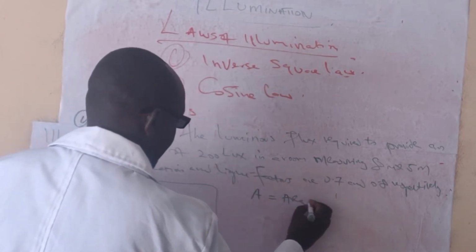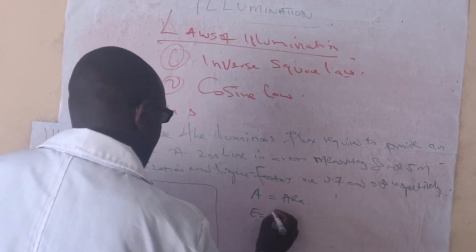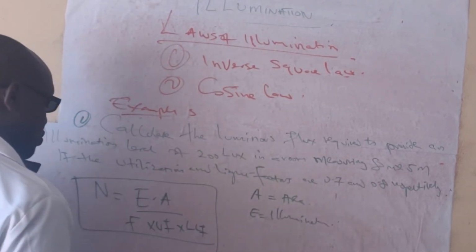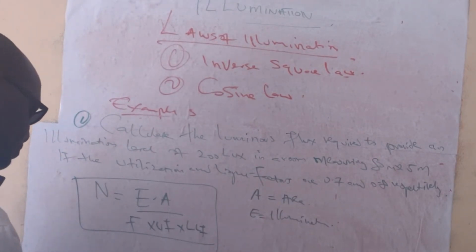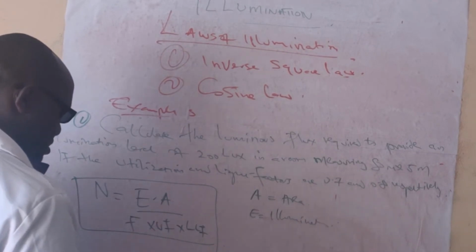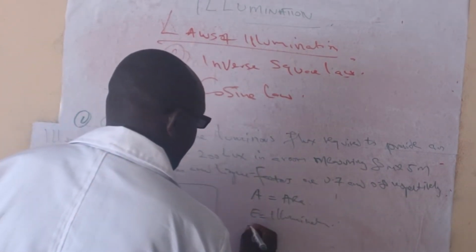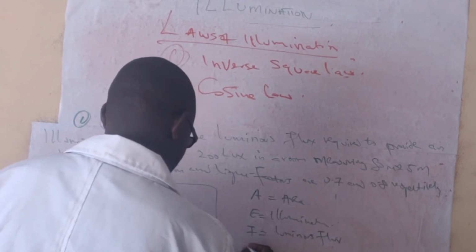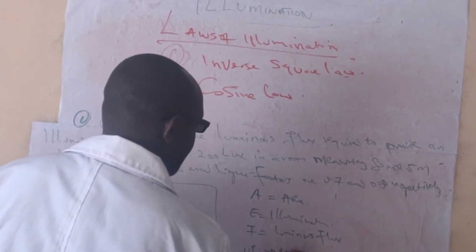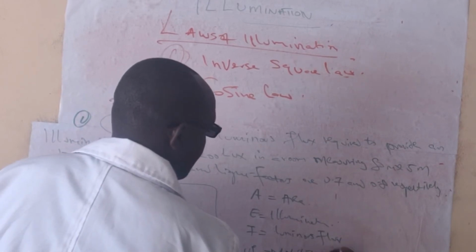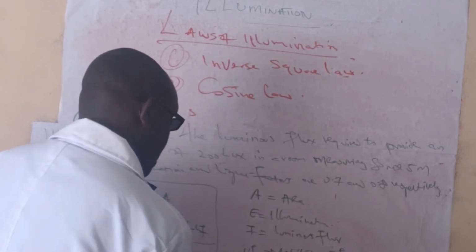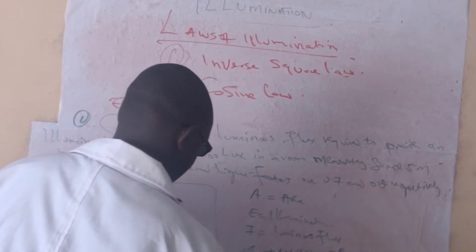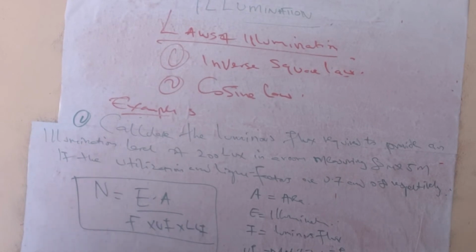A is the area, E is the illumination, F is the luminous flux, UF is the utilization factor, LF is the light loss factor.